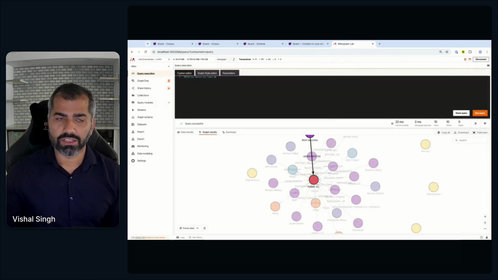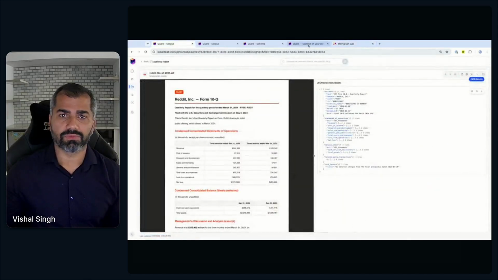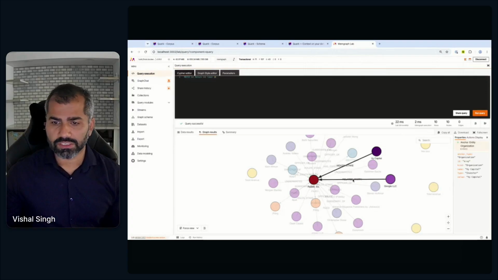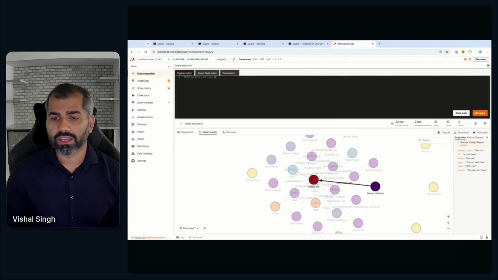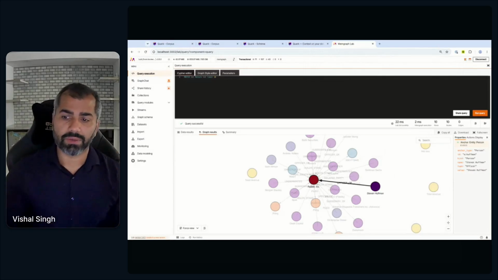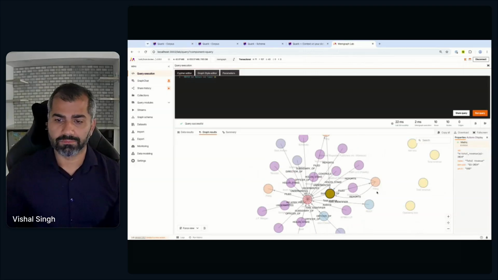As you can see, I've done this with the data coming from these files. I've connected all the information: what is the capital, who underwrites it, who is a related party, and all that information is coming from the data and the files, and then the graph gets automatically created over time.